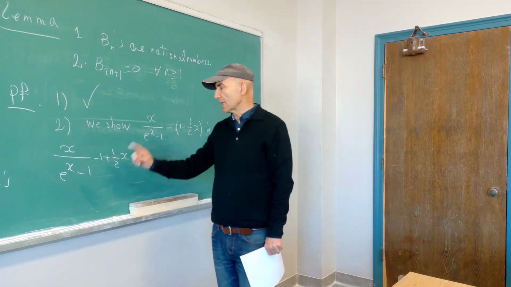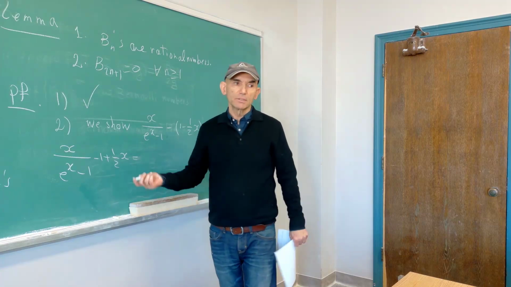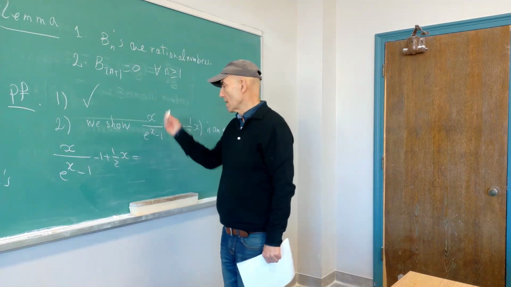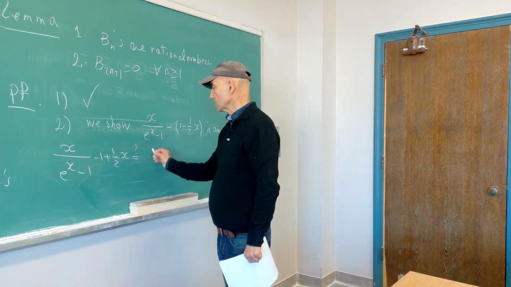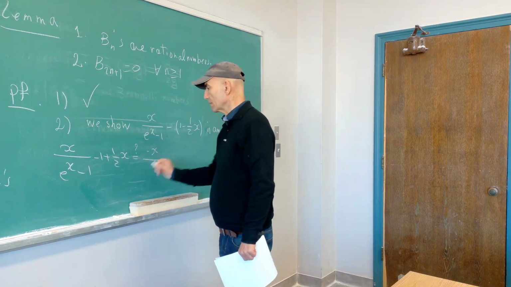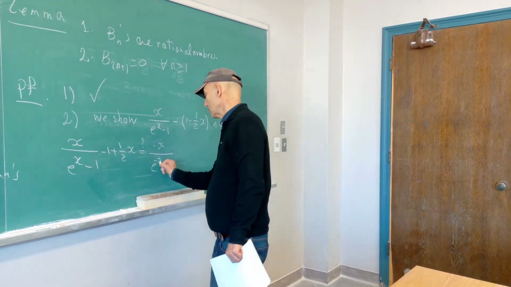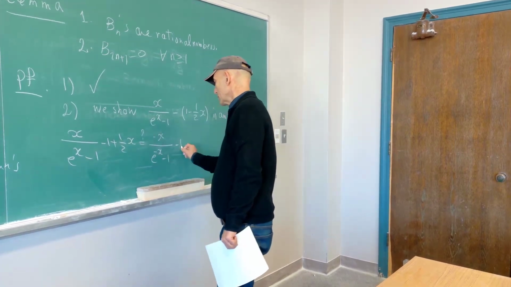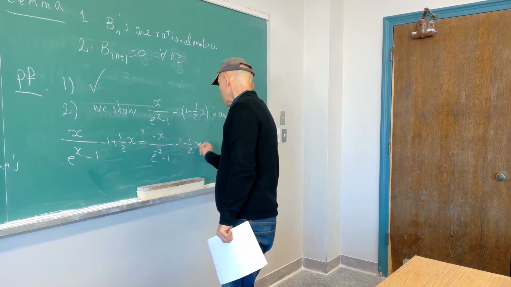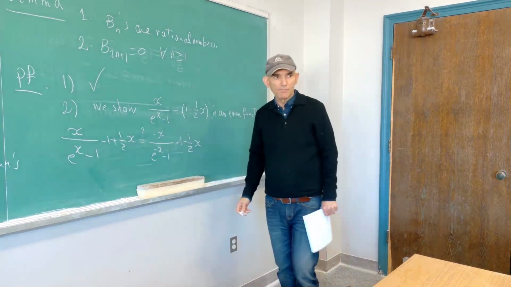Well, I replace x by minus x and I have to show that they're equal. So the question is: is this equal to negative x over e to the negative x minus 1, minus 1 minus 1/2 x, right? That's what we want to show.